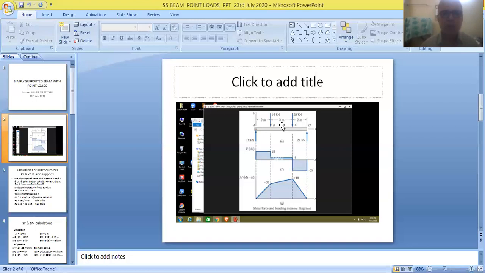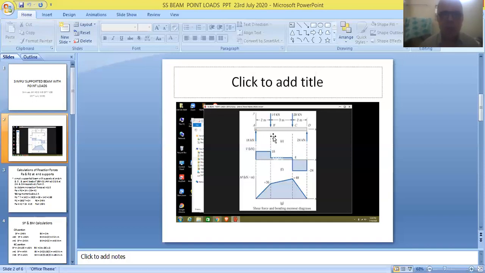The first load of 14 kilonewtons acts at 2 meters from the left end of the beam, and another point load of 28 kilonewtons acts at a distance of 2 meters from the right end of the beam. These two loads put together are called point loads.